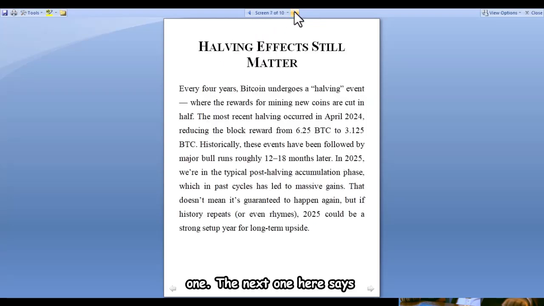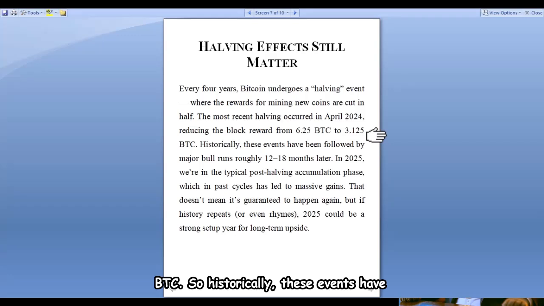The next one here says the halving effect still matters. Every 4 years, Bitcoin undergoes a halving event where the reward for mining new coins is cut in half. The most recent halving occurred in April 2024, reducing the block reward from 6.25 BTC to 3.125 BTC.